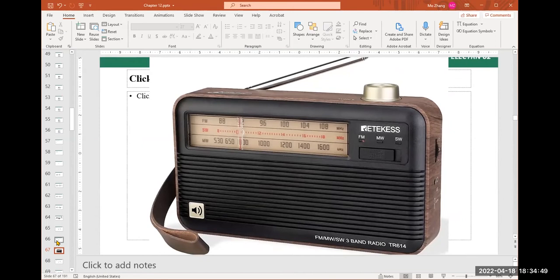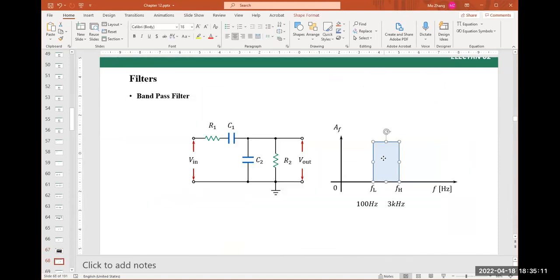We can make a filter so the equipment only captures signals close to 89.3 KPCC. That kind of filter can be a bandpass filter.